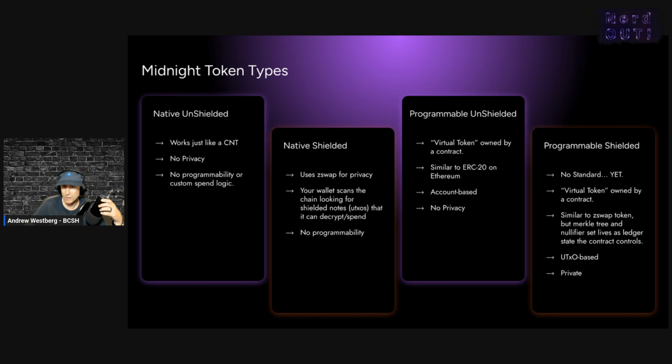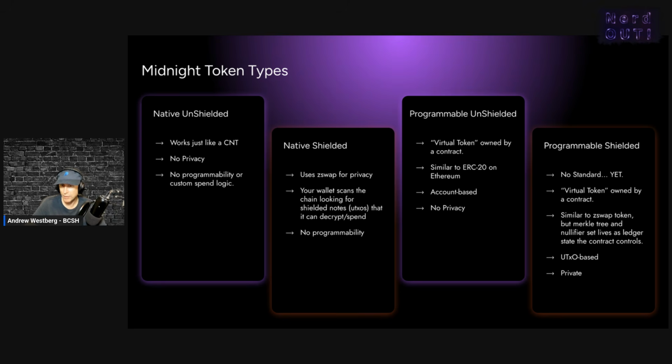There's also native shielded tokens, and these use ZSwap for privacy. How they work is your wallet scans the blockchain looking for shielded notes. This is the equivalent of UTXOs. And it's looking for ones that it can decrypt. If it can decrypt them, that means it owns them and it can spend them.